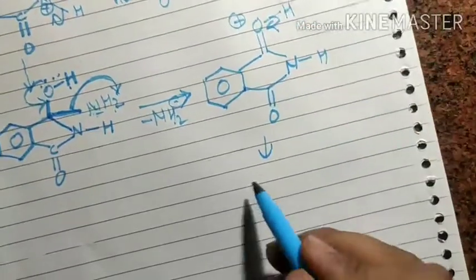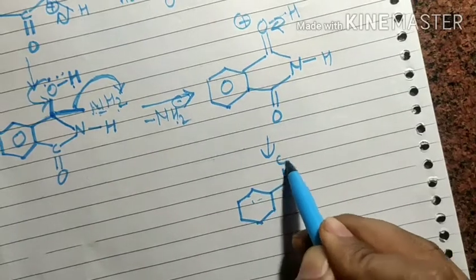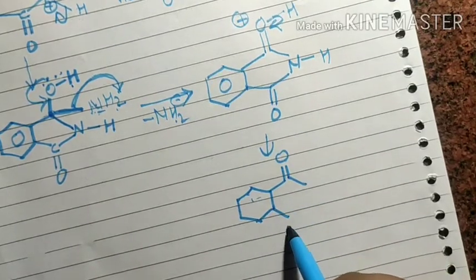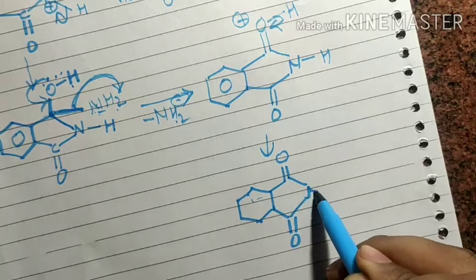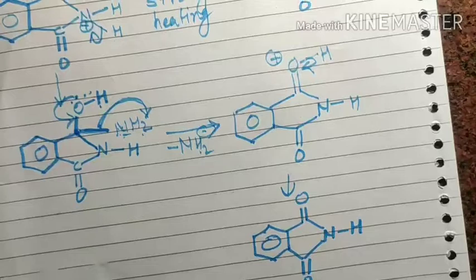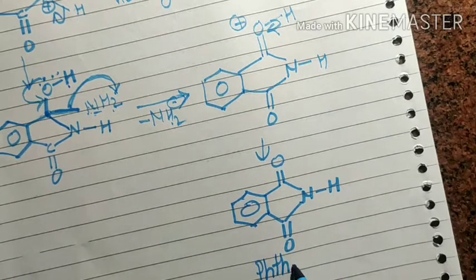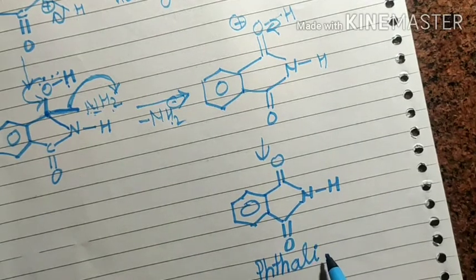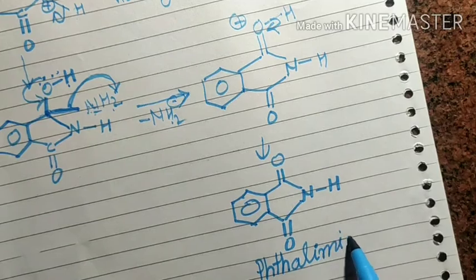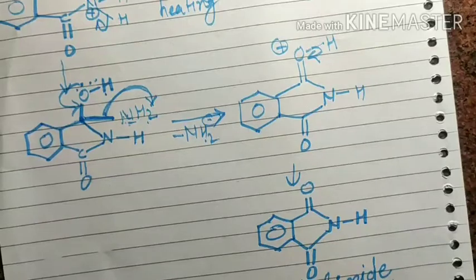So now we may write here like this, double bond O and an H. So this one is phthalimide. So I want to write the name here: phthalimide. So now think, what is the change?